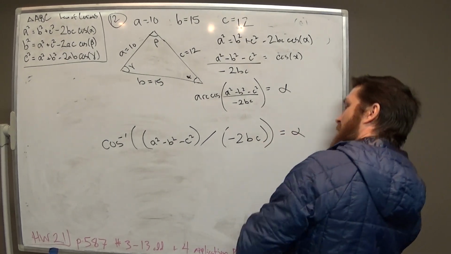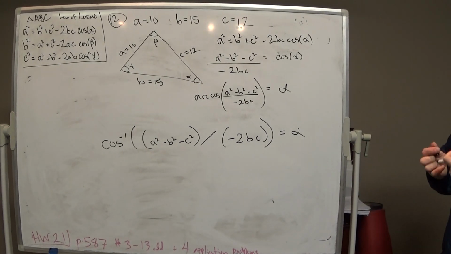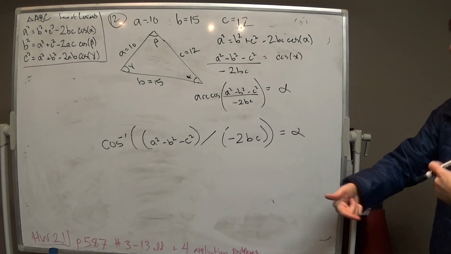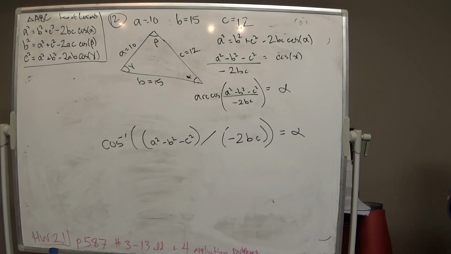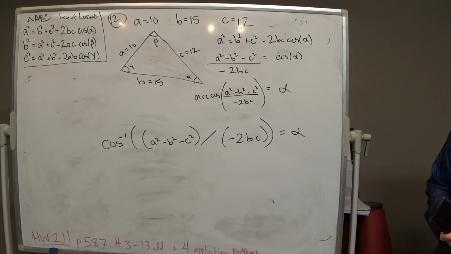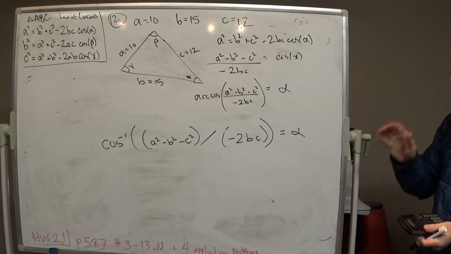If you're comfortable with it, that's how I like to do it. The more times that you put something into a calculator and then try to put it back in, the more chances for error. But then it's kind of hard to write, so it's up to you how you want to do this. I'm going to do it all in one fell swoop.